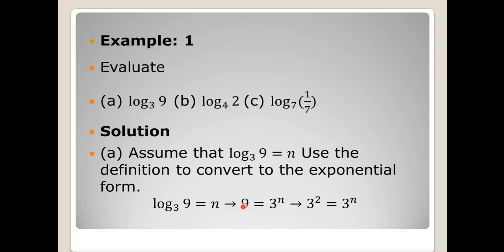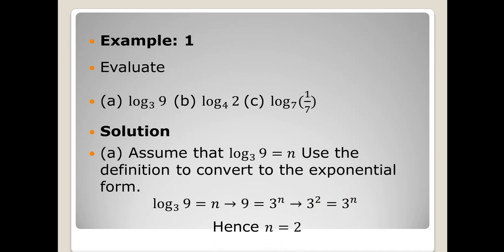And 9 is 3 squared. So 3 index 2 is 9, which equals 3 index n. Now if two numbers are equal to each other and the bases are the same, then the indices should be the same. 3 index 2 equals 3 index n, which means that n equals 2.